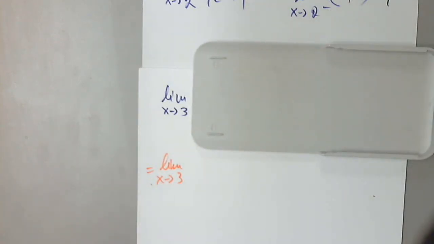At the same time, I'm going to ask you, without even looking, we plugged in 3 and we got 0 over 0. If this limit exists, which factor do I have to remove from the top, or from the denominator? Which is the factor that creates 0 over 0?